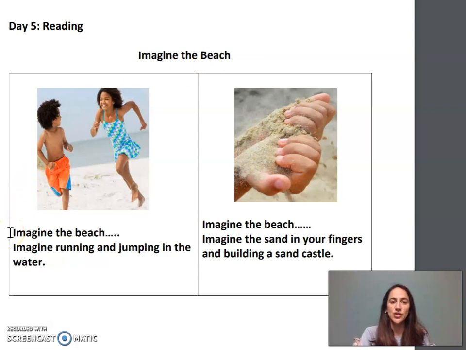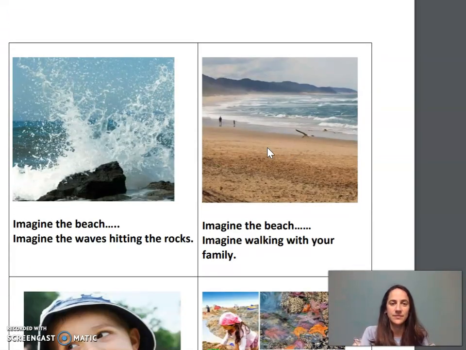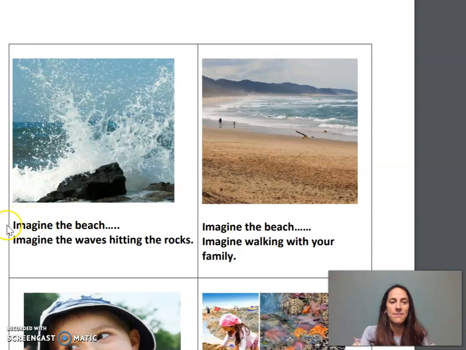Imagine the beach. Imagine running and jumping in the water. Imagine the beach. Imagine the sand in your fingers and building a sand castle. Imagine the beach.